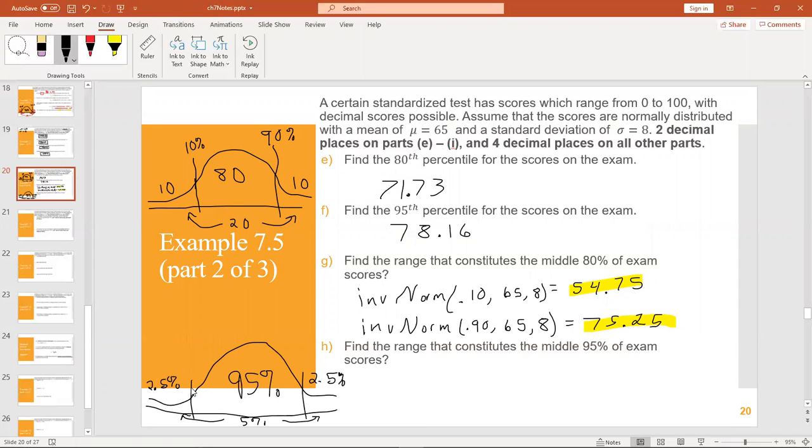As a decimal, that is 0.025. If you do 100 and subtract 2.5, you will get 97.5% or 0.975.